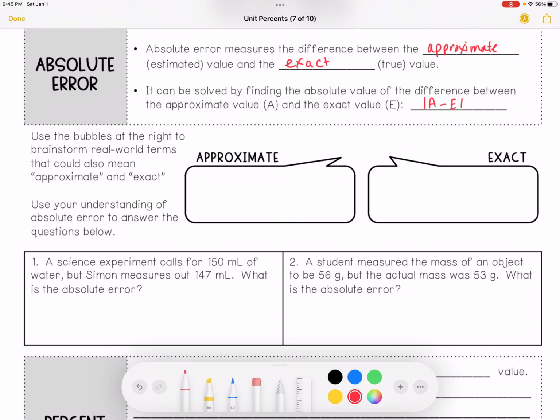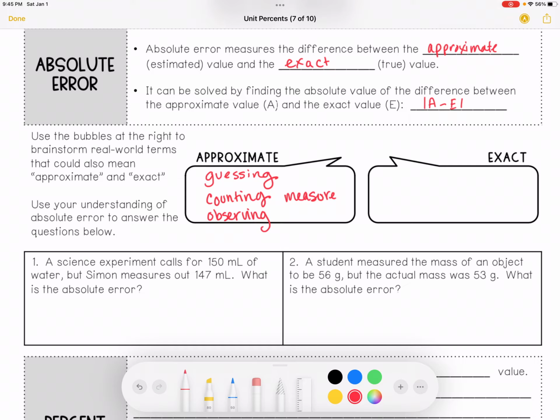So let's think of some words that mean approximate, such as guessing, counting, observing, and measuring.